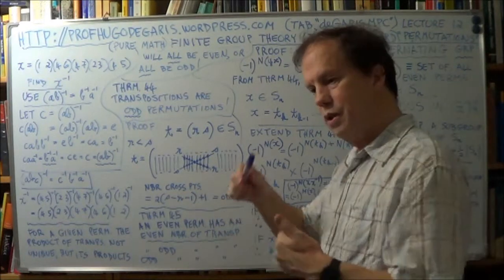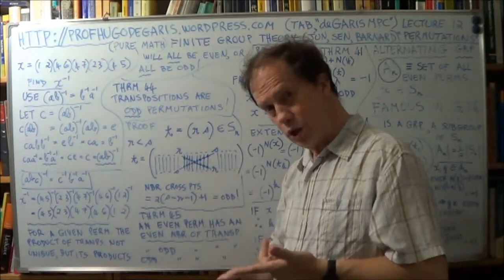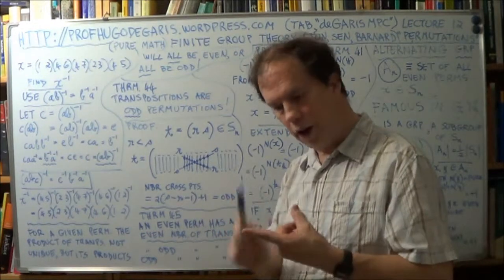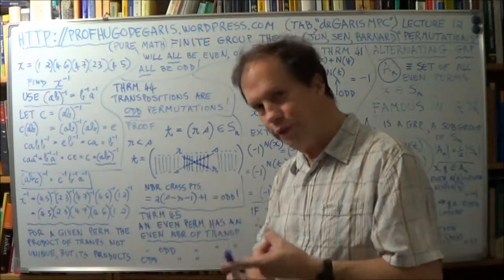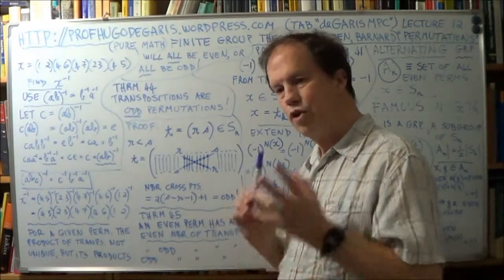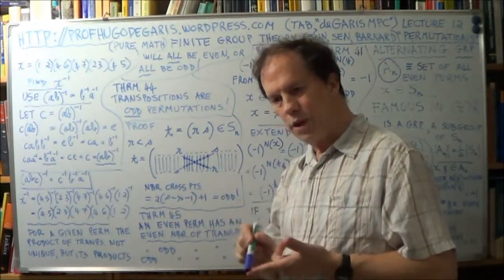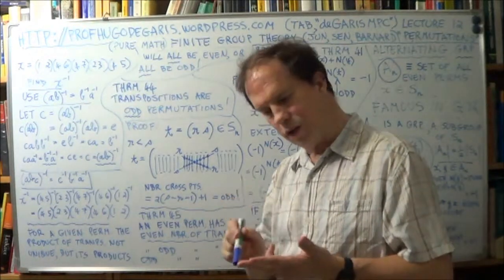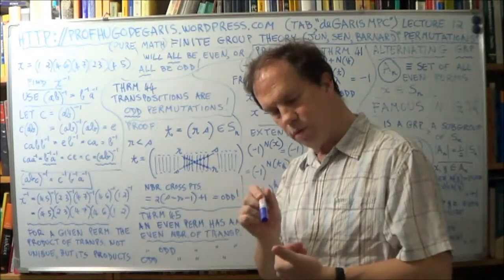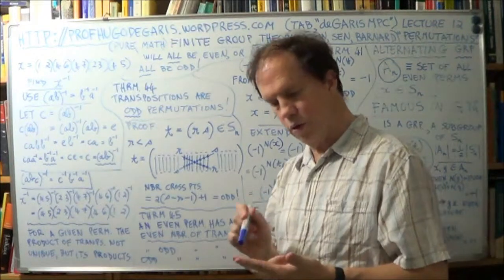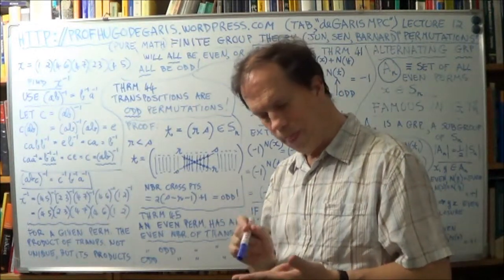You see, a transposition is a permutation, and permutations are either even or odd. So if a transposition is a permutation, and permutations are even or odd, therefore a transposition must be even or odd. Okay, follow that logic?